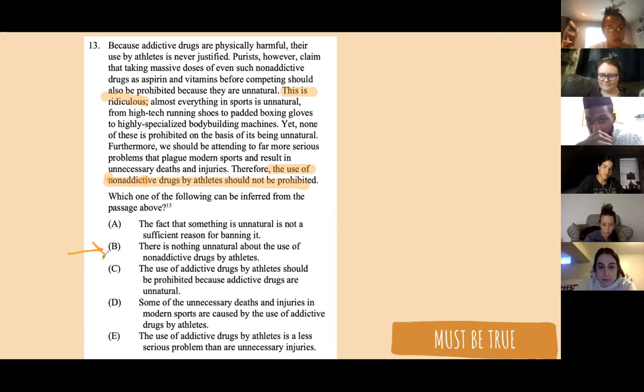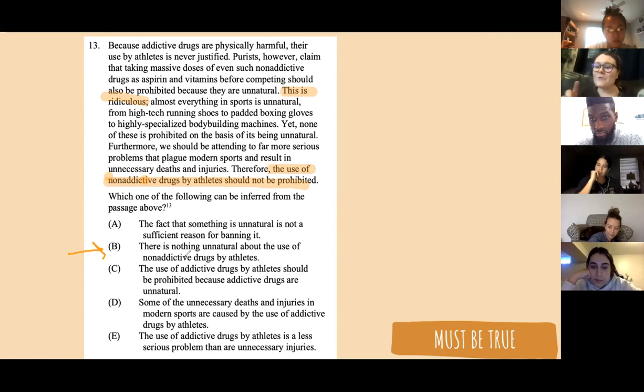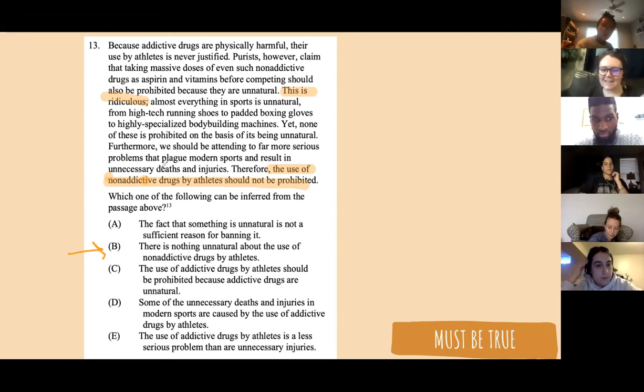Well, because the conclusion says that the use of non-addictive drugs by athletes should not be prohibited. I put it wrong because that wasn't the conclusion of the argument. Right, but we're not looking for the conclusion of the argument. We're saying which of the following can be inferred? So what can we conclude by it?